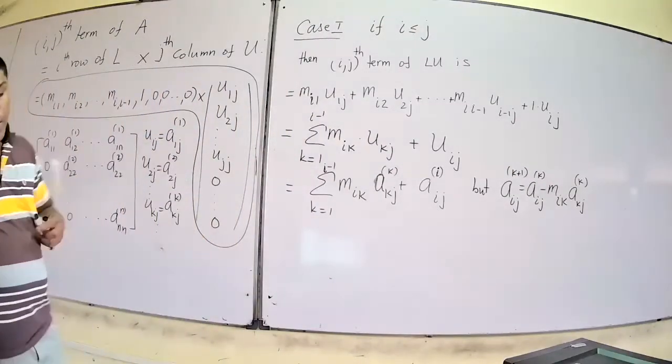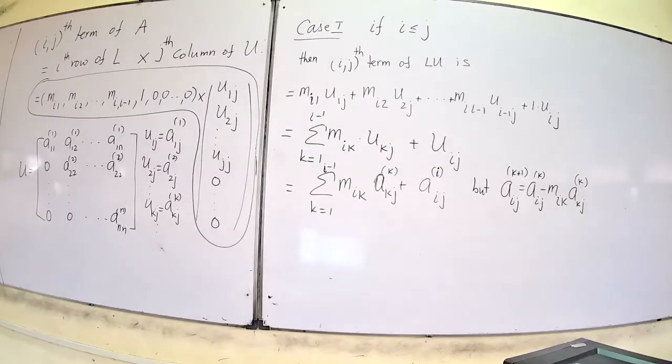If you look at the formula, after evaluation this is how you get the terms. The present term is equal to the previous term minus the corresponding multiplier multiplied by the corresponding term in the row which we use for elimination.